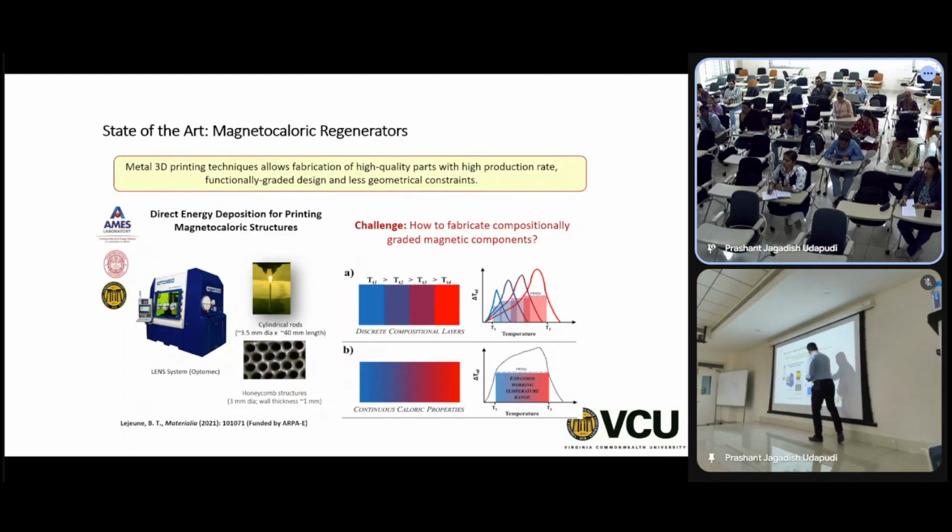So you get a gradient effect. It's called functional grading. By doing this, you can improve the efficiency of the magnetocaloric refrigerator. So this is how you get the magnetocaloric effect: small, high, and maximum here, depending on the composition or the particle size of these materials. That is called compositional grading, which leads to functional grading.